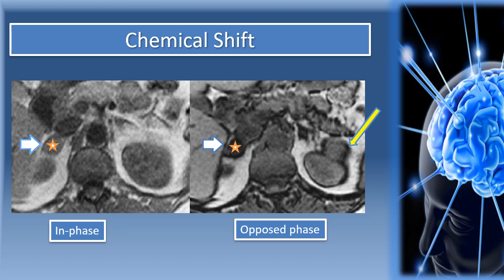This indicates that this lesion contains microscopic fat, and this is very important. By this sequence we detect the components of this lesion. So this is diagnostic in the common scenarios for adrenal adenoma. From here we can see the importance of the chemical shift sequence.